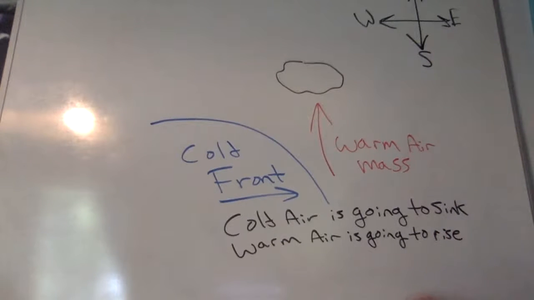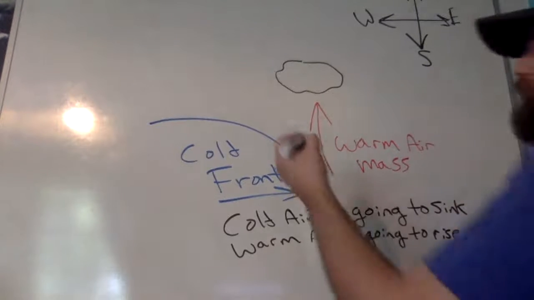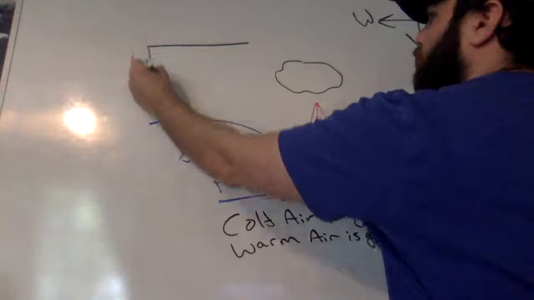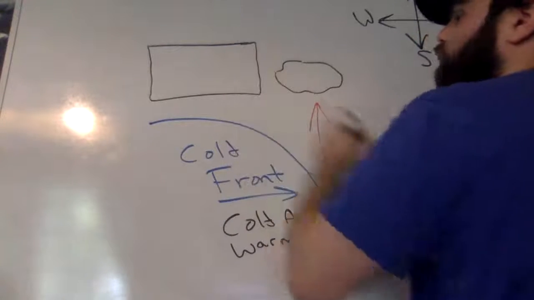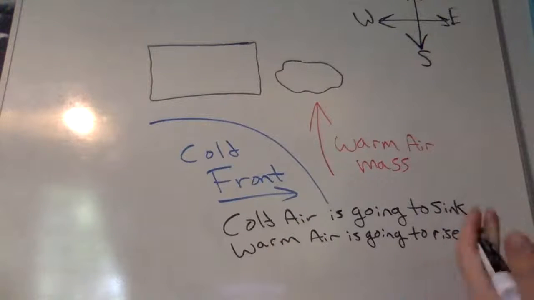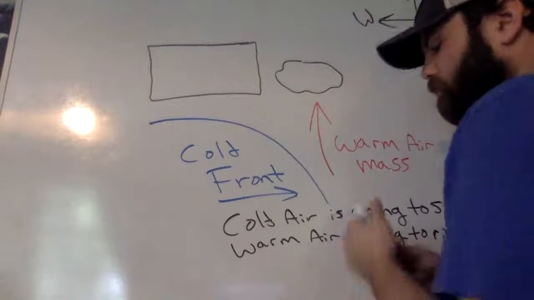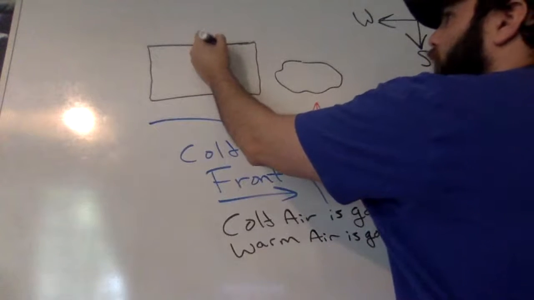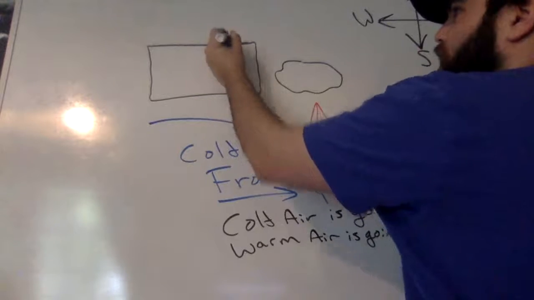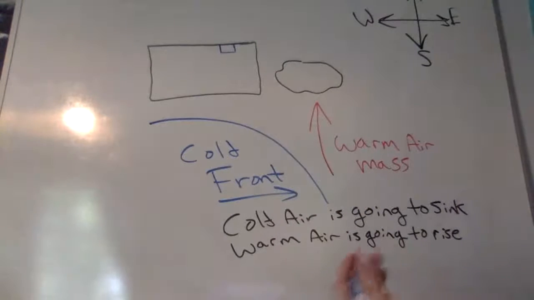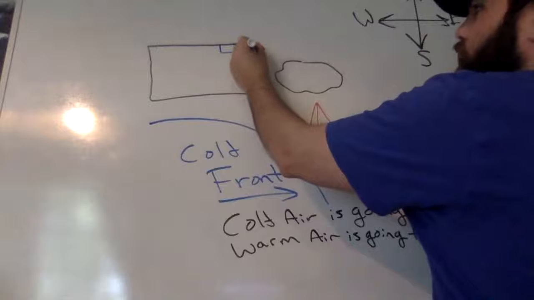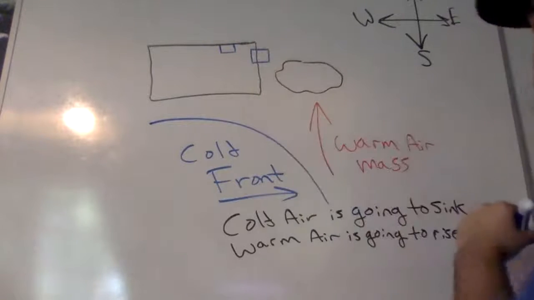And we'll even draw up a picture of a house. Let's say this is a room in your house. Now, if you have central air, usually you have it located on the ceiling, or let's say you have an air conditioning unit, usually it's located on the side, but up top.